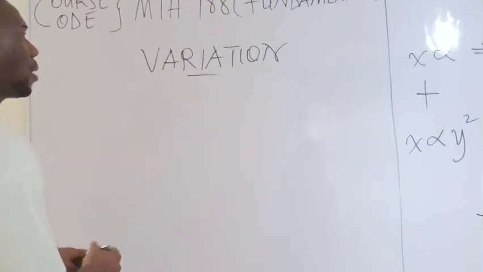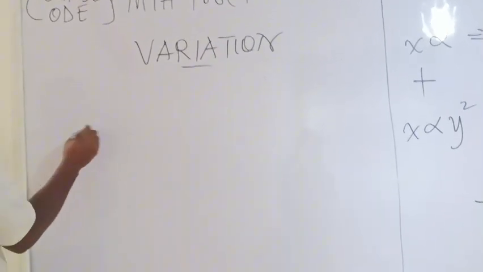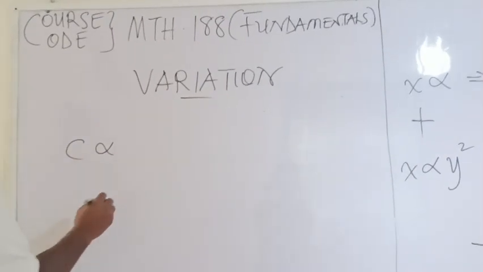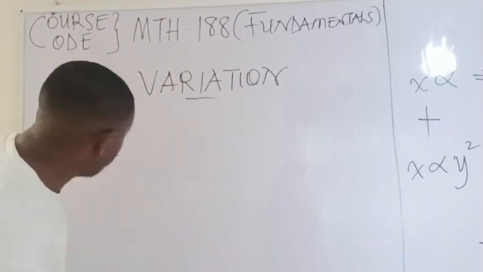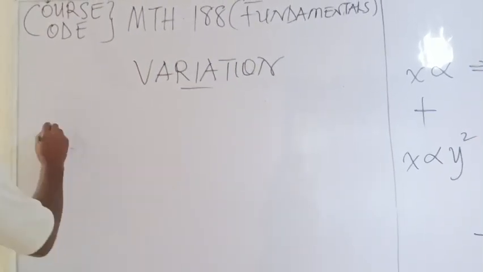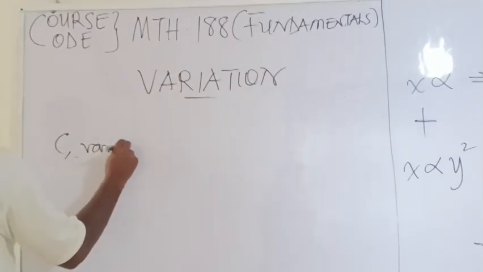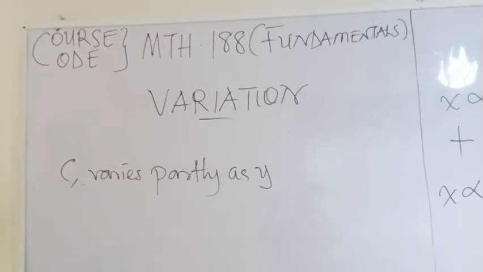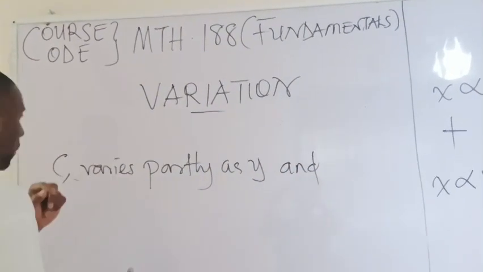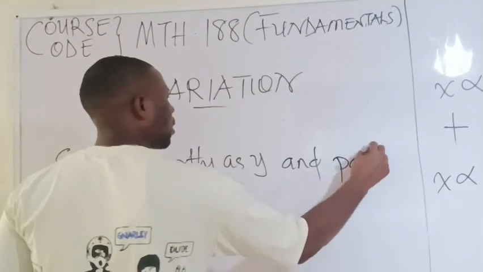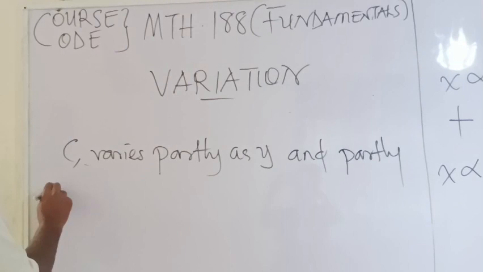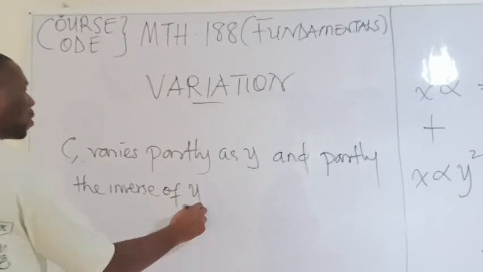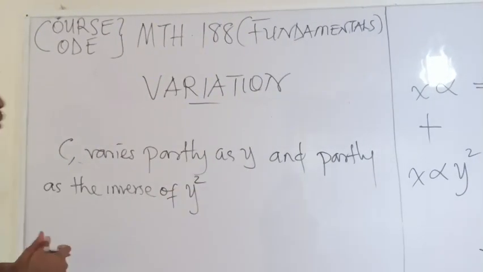Let's take, for example, quantity c, which varies partly as y, and partly as the inverse of the square of y.